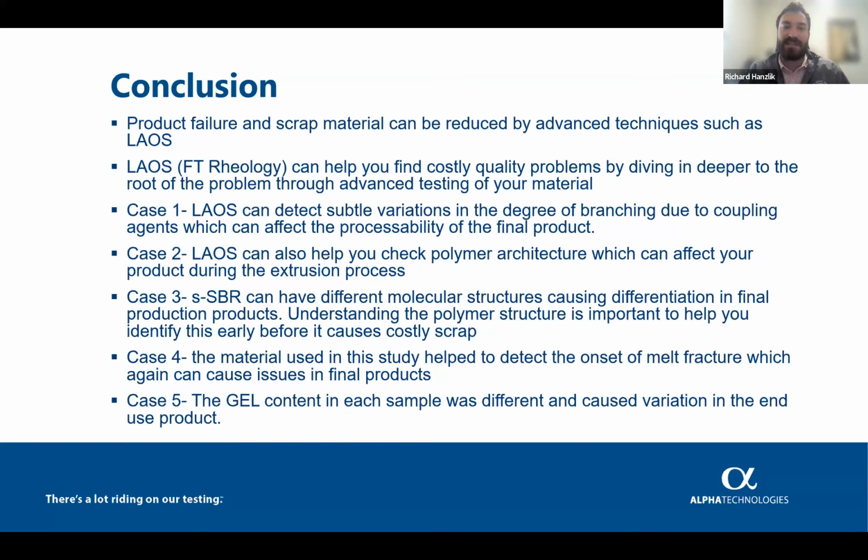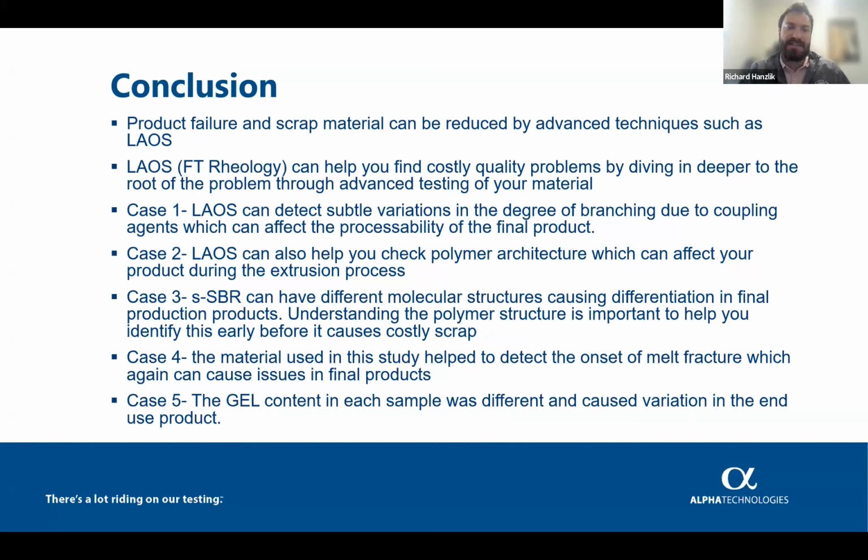We know that LAOS can detect subtle differences in the degree of branching due to coupling agents. We know that LAOS can help you check polymer architecture, which can affect your extrusion. We know that we can use LAOS to differentiate SBRs and the different synthesis models that were used, if that's going to give us branched, star branched, linear, etc.